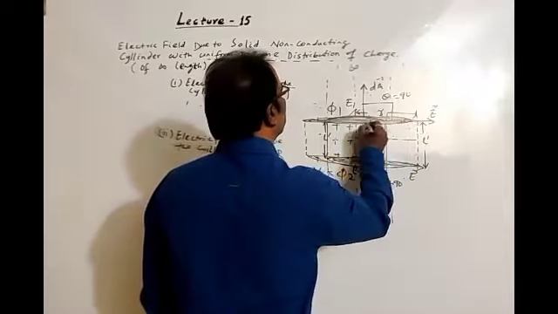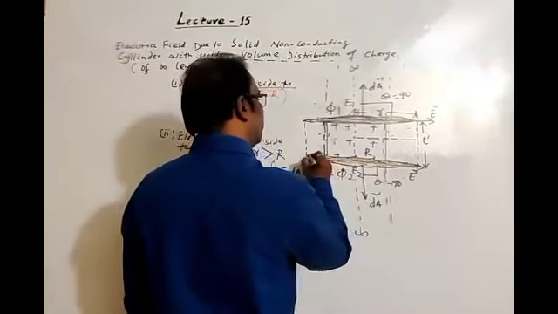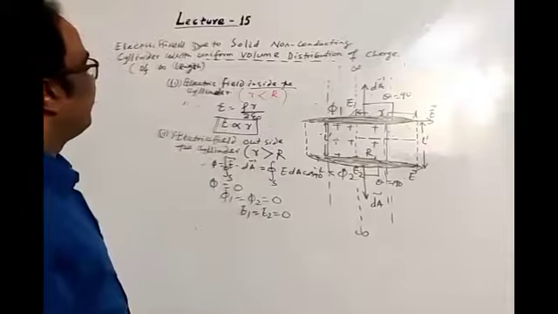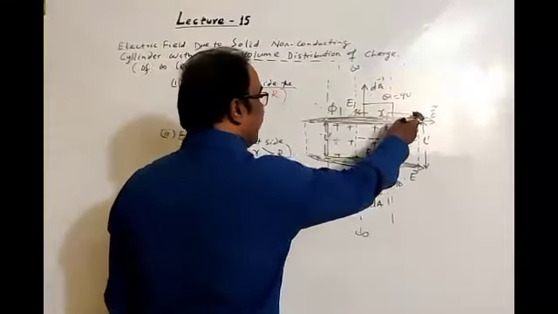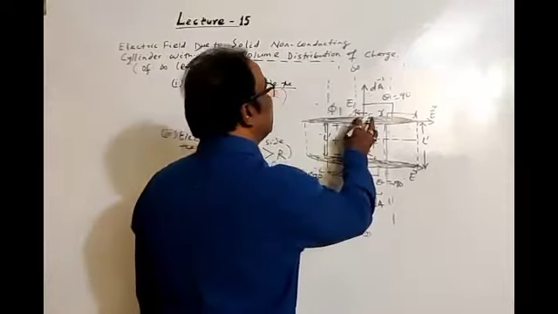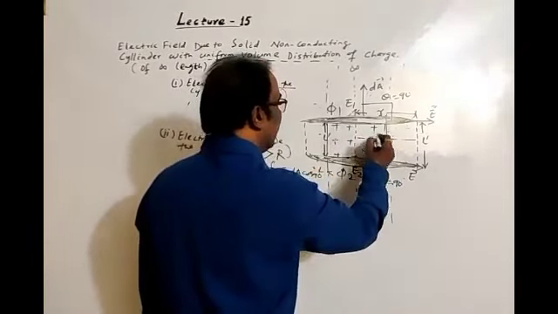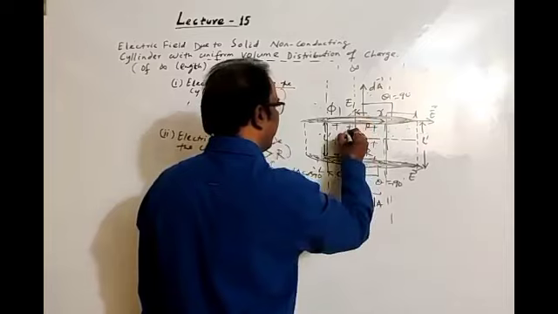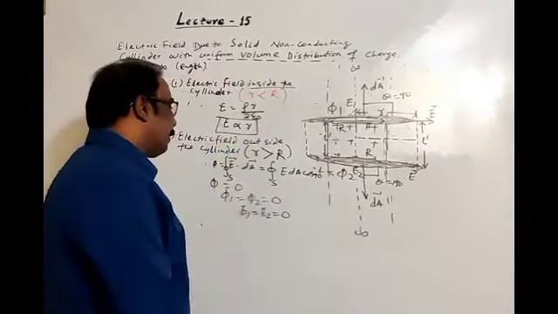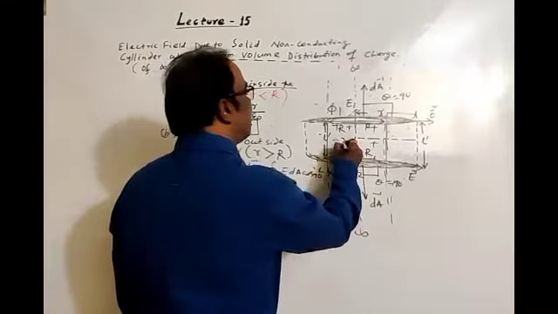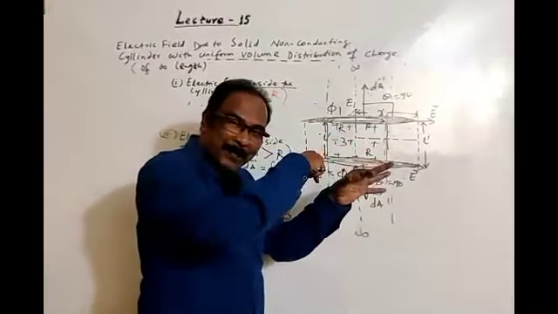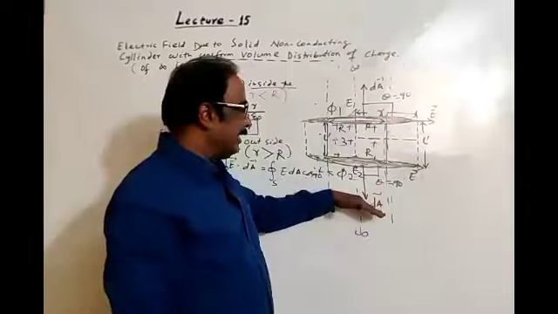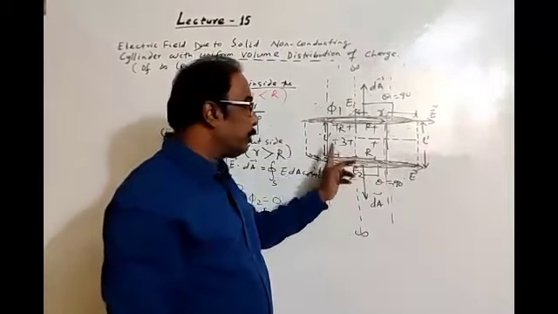This is the total surface. The radius of the Gaussian surface is smaller, but the radius of this cylinder is capital R. Then for surface 3, meaning the whole curved surface: for the two surfaces of cross-sectional area, the electric field is 0, since flux phi 1 and phi 2 are 0.